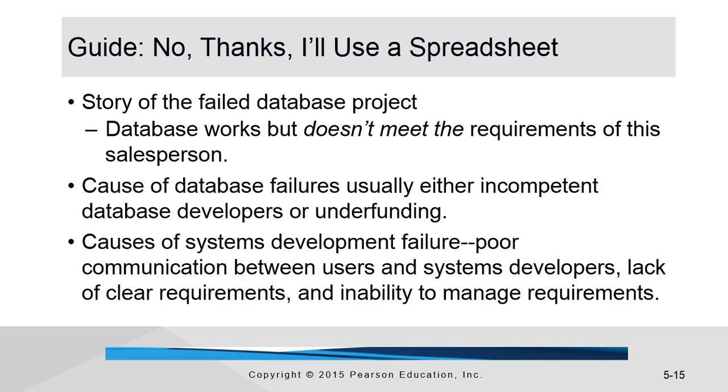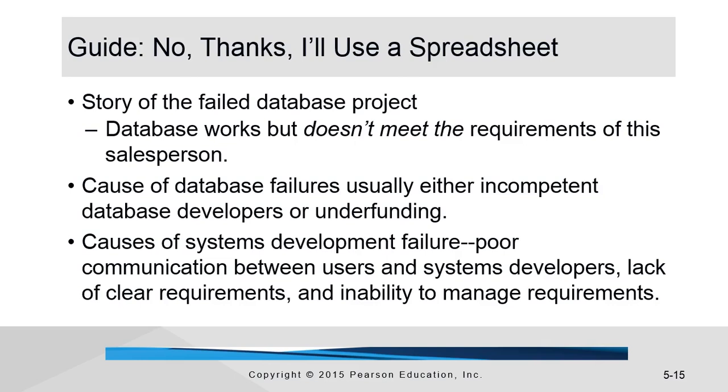Typically, if you see a database project that has failed, it's probably because the people, the resources that were running the project, either doing the business analysis or actually developing the database, probably didn't have the skill set that they needed, or maybe the project was unfunded.